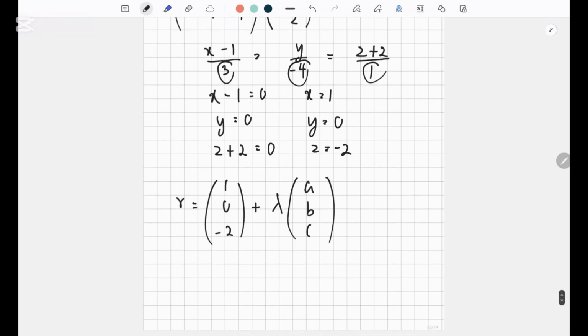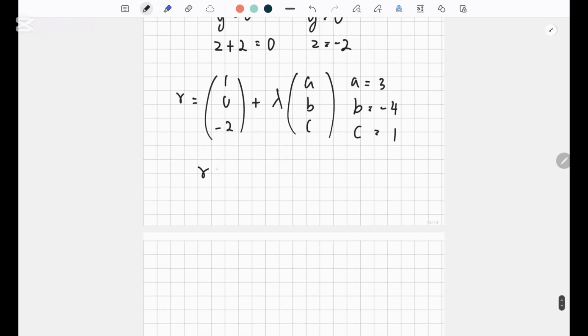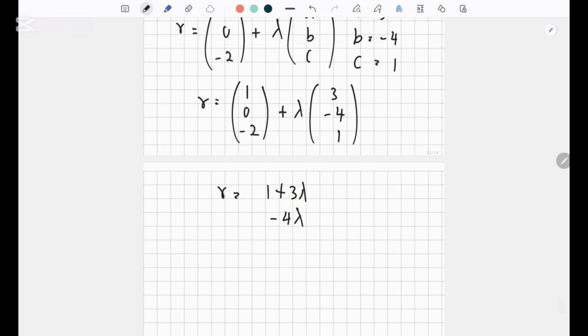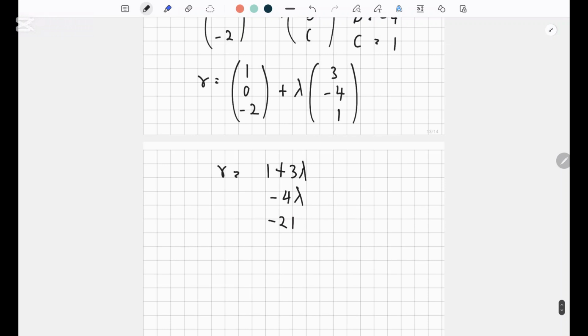So a is 3, b is minus 4, c is 1. Then your vector equation is 1, 0, minus 2 plus lambda times 3, minus 4, 1. You can rewrite this as r equals 1 plus 3 lambda, minus 4 lambda, minus 2 plus lambda.